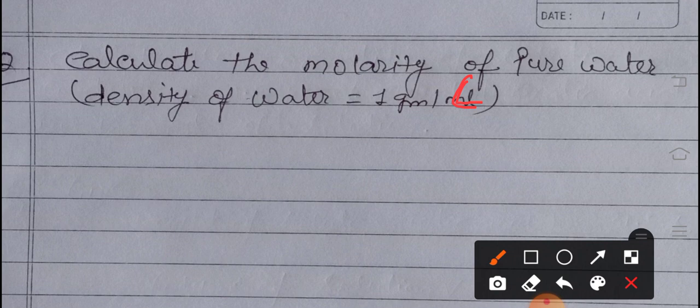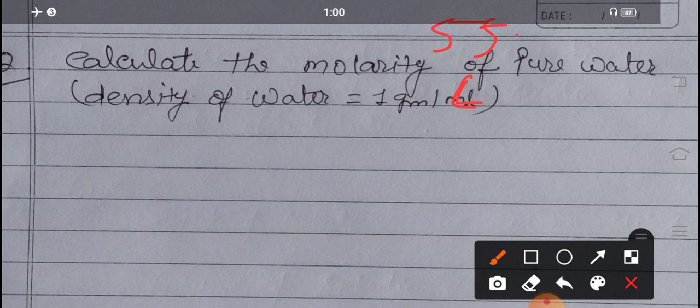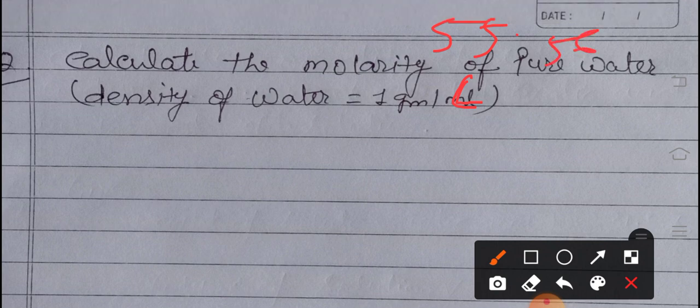The molarity of pure water equals 55.55 or 55.56. But how is it obtained? First of all, we know molarity equals the number of moles dissolved per liter.